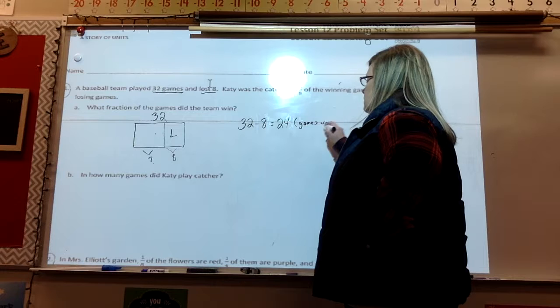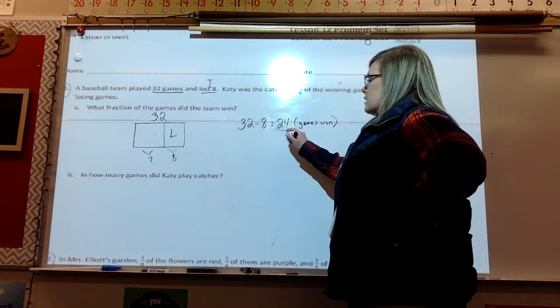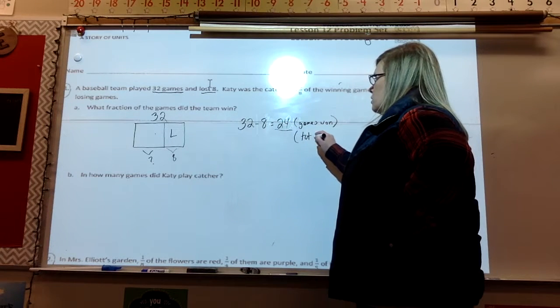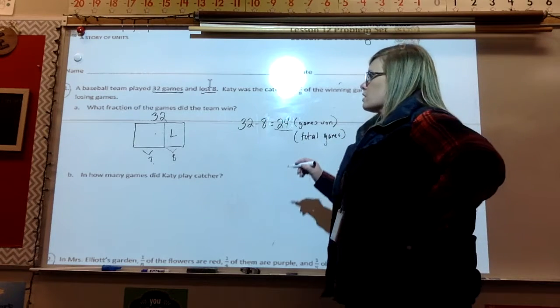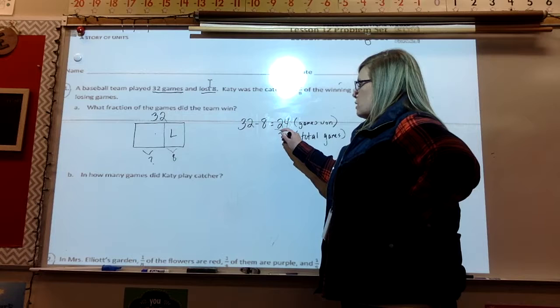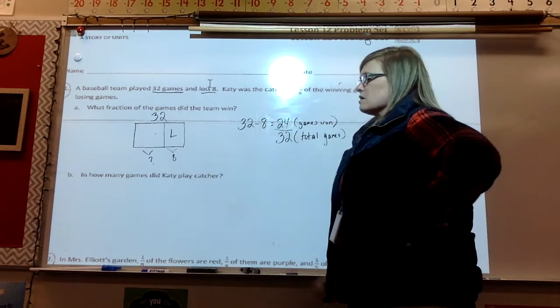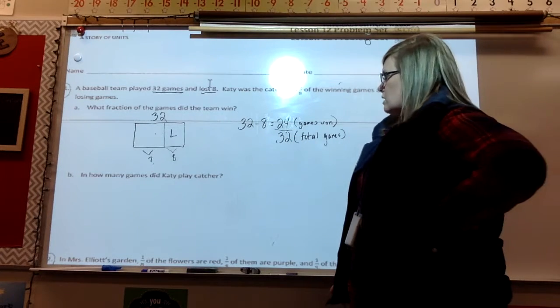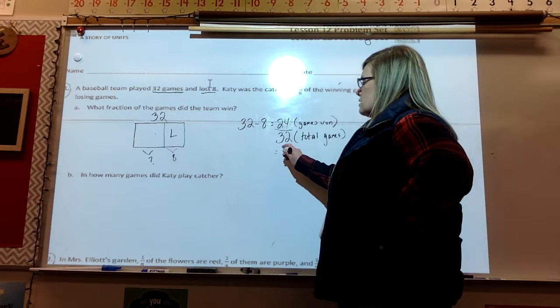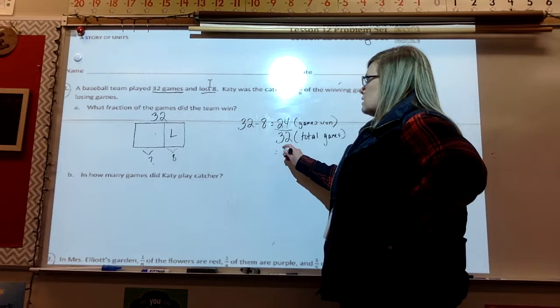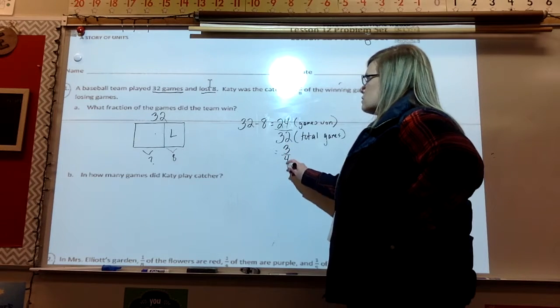The bottom then is just going to be total games. So the fraction of the games that they won would be 24/32. Some of you may realize that you can simplify this by dividing by 8, and what you'll end up with is, if you did simplify it, you will end up with 3/4.